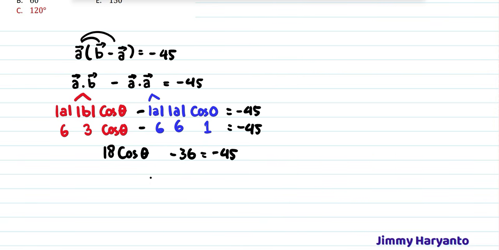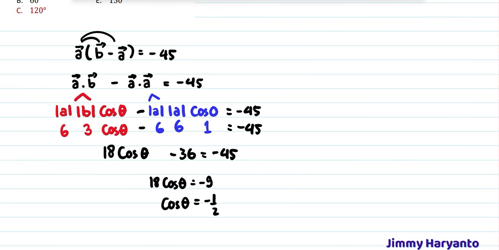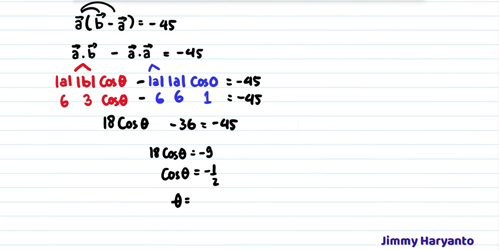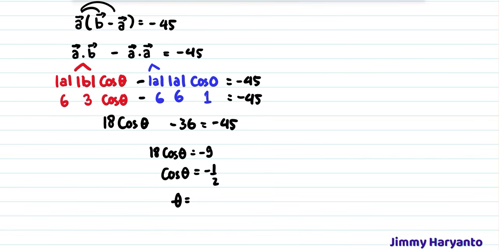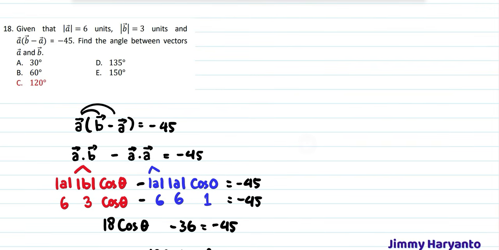Then you move the 36, so 18 cos theta equals to negative 9. So cos theta equals to negative half. So the theta, half is 60 degrees, but it is negative. That means it will be in the second quadrant. In the second quadrant, it will be 180 minus 60. Yeah, so it's 120. C.